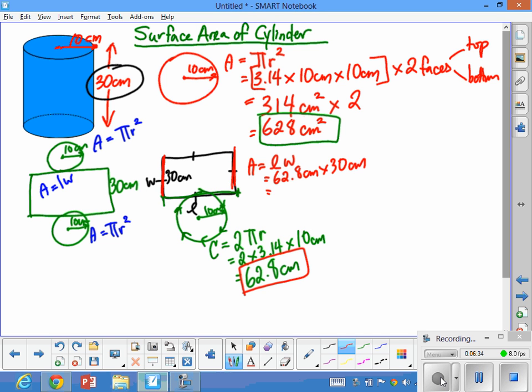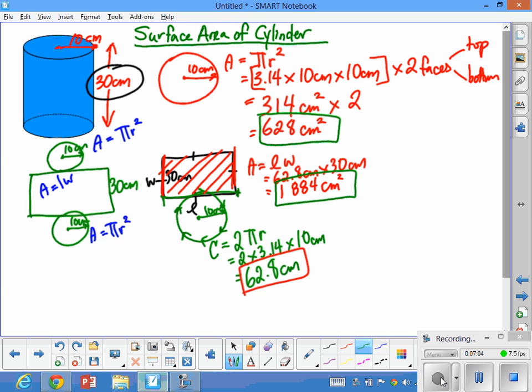So the area of this shape here is 62.8 times 30, which equals 1,884 centimeters squared. That is the area of the rectangle, or the curved label wrapped around the soup can.